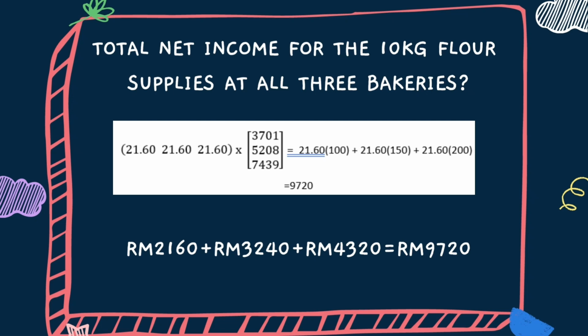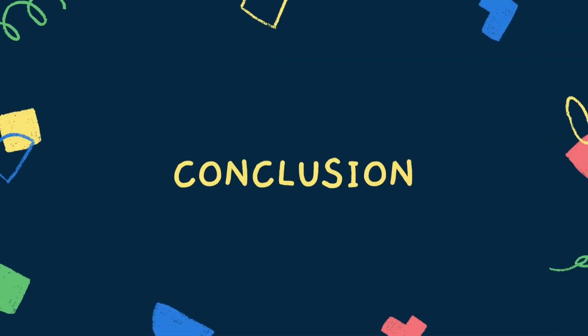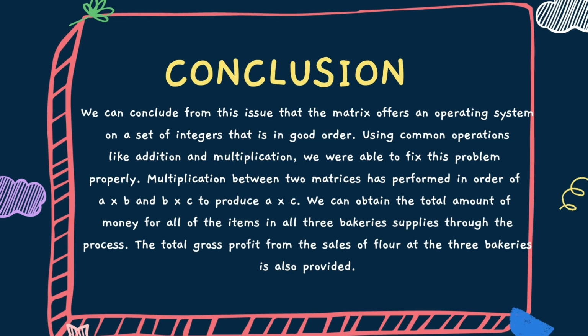It can be calculated using scalar multiplication of a matrix. In conclusion, we can obtain the total amount of money for all of the items in all 3 bakeries' supplies through the process. The total gross profit from the sales of flour at the 3 bakeries is also provided.